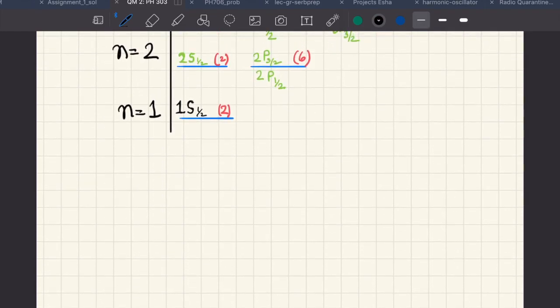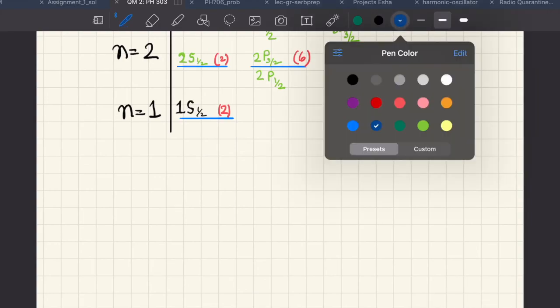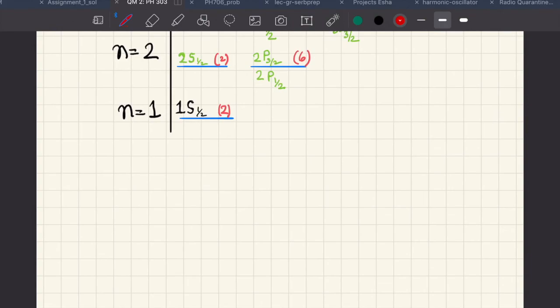Therefore, let me take a different color here. So the ground state correction will be something going down here. Similarly, all these states here will be like this, and here it will be like this.